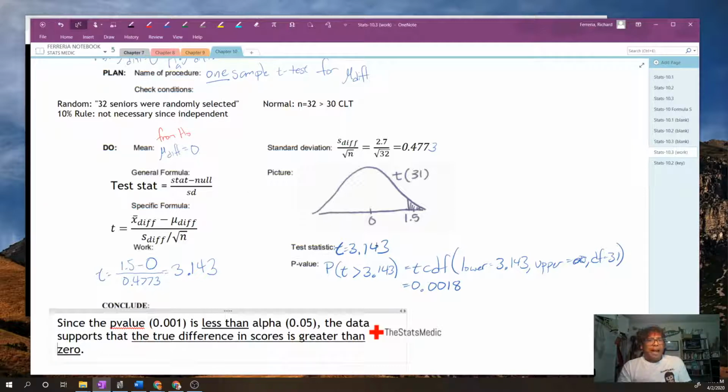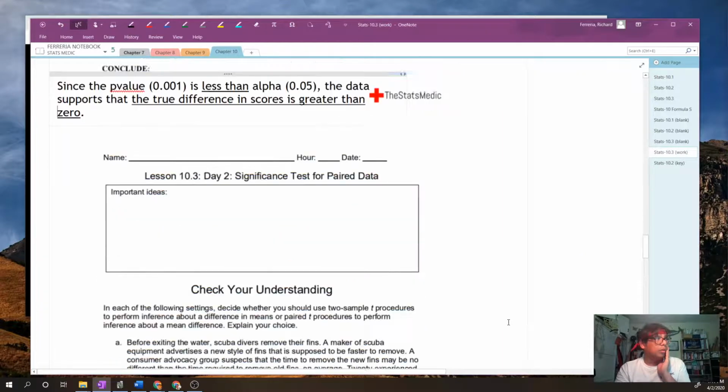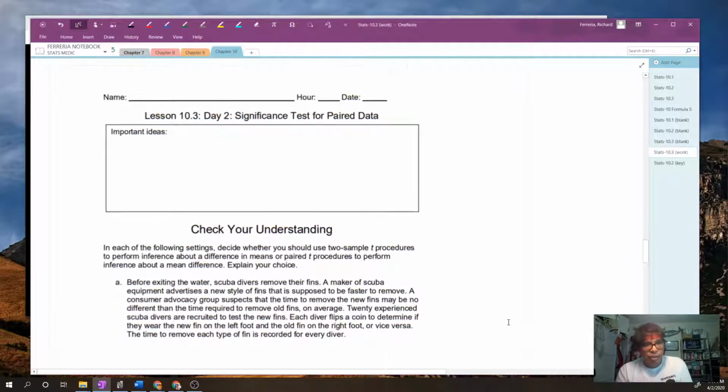So that takes us through all of our four-step plan, and the next thing for us to do is your important idea box. Let's go ahead and fill that out for you.